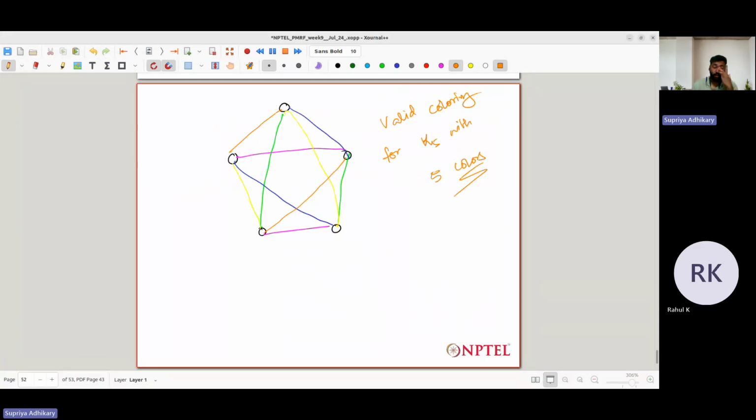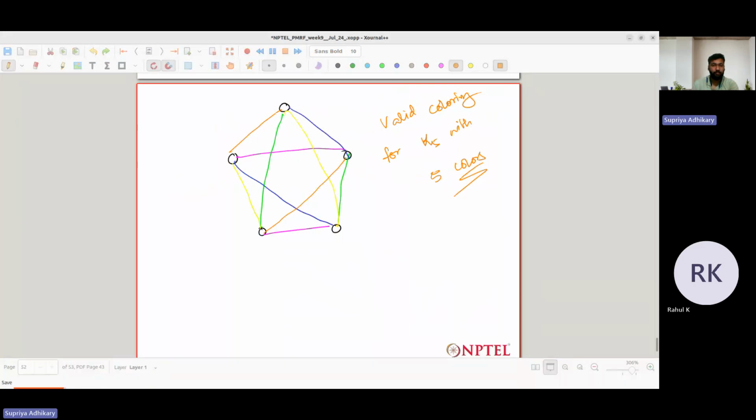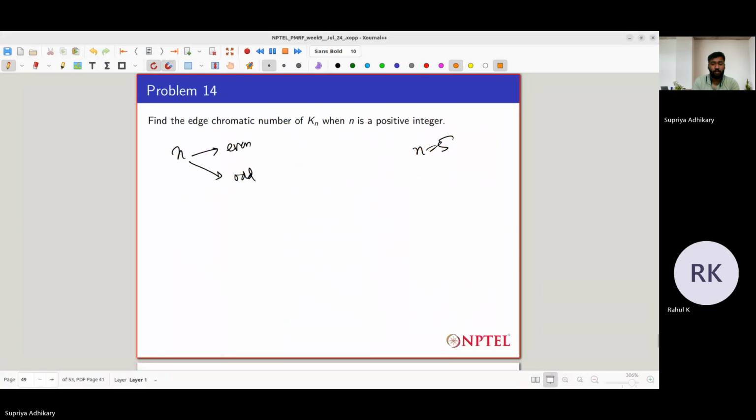Okay, so this is the valid coloring with 5 colors. So whenever n is even, we need only n minus 1 colors, and whenever n is odd, we need exactly n colors.